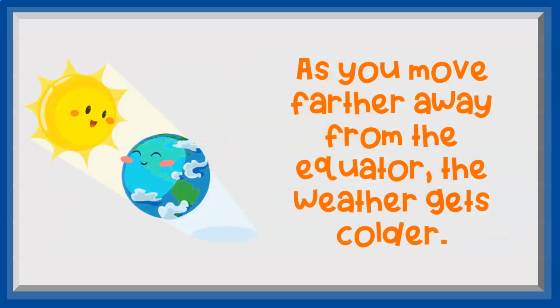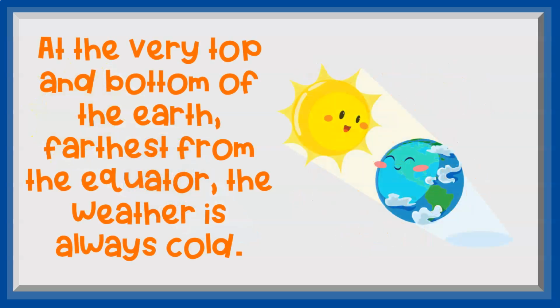As you move farther away from the equator, the weather gets colder. At the very top and bottom of the Earth, farthest from the equator, the weather is always cold.